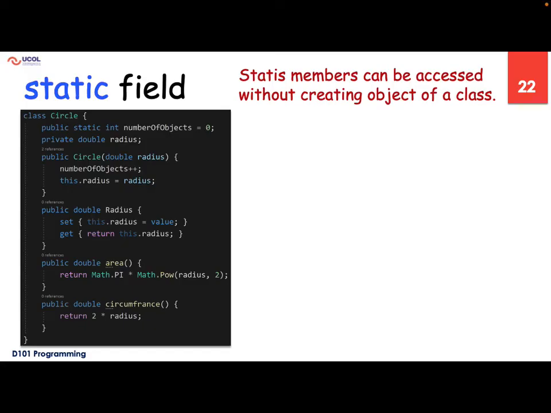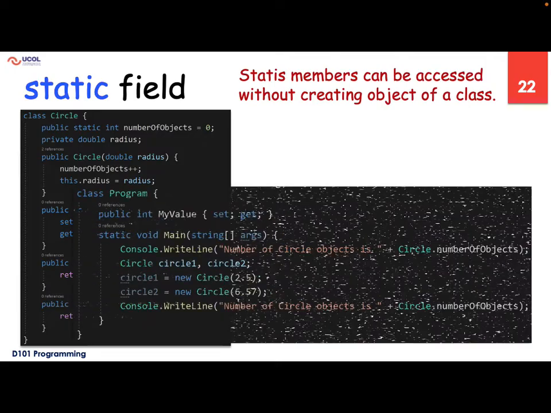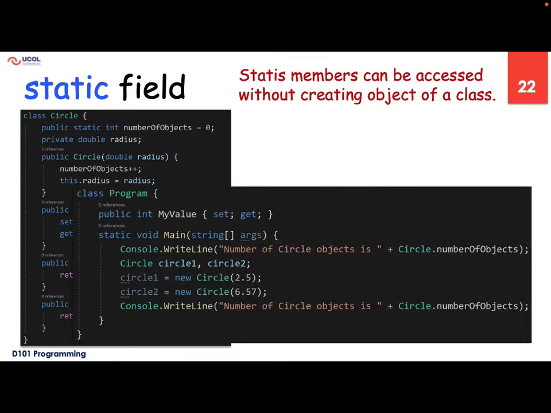And return back. So now you can see static members can be accessed without creating an object. So we have the static field here, and is there any static method here? No. So in the main program, in the first line, we print the number of objects with circle dot number of objects.